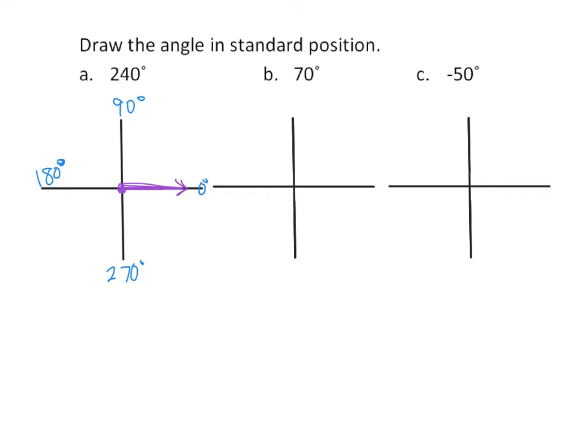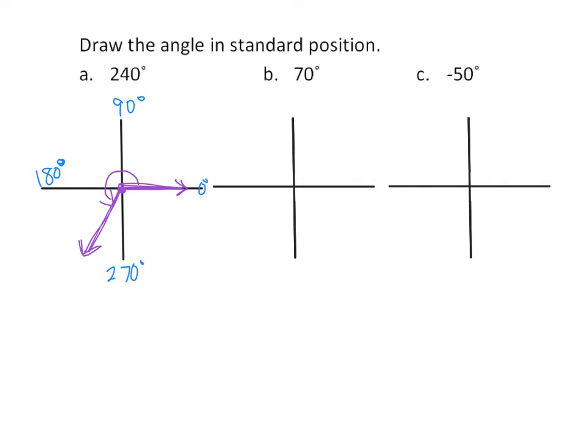If you think about halfway in between them, you'd have to add 45 degrees onto 180, and that would be 225. So we know 240 will be greater than halfway, greater than 225, so it's going to be over in this region here. We'd have to add about exactly 60 degrees onto the 180 to get to 240. So our angle in standard position is right here.